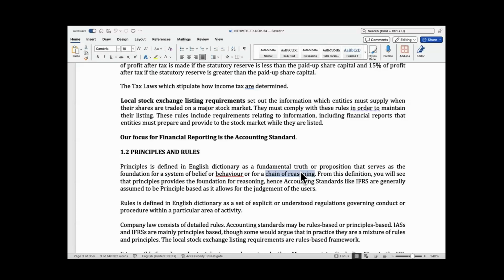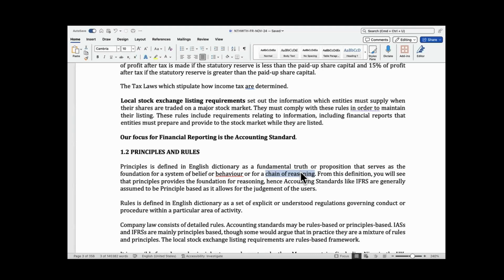Now, it is left for you to achieve the result. It is left for you to reason. It doesn't give you everything in detail, step by step, like the way Google Map does. Google Map will tell you, okay, after 1 kilometer, turn right, after 2 kilometers, turn left.